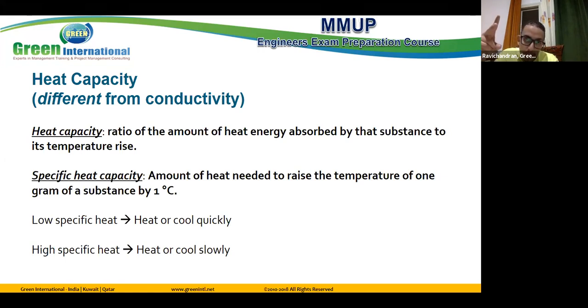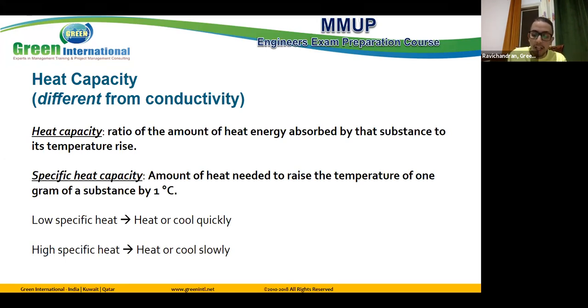So we have two properties here that are going to compete together: specific heat capacity and thermal conductivity. Why do I focus on these two a lot? Because the question comes up and is not clear for this part.